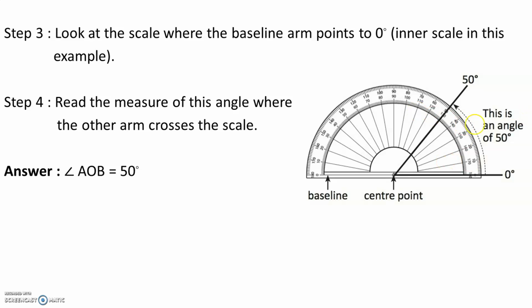We put this on the 0 and the next one is on the 50 degree. We'll look at the outer scale, not the inner scale. Okay, it is on 50 degrees. So our answer is angle AOB is equal to 50 degrees.